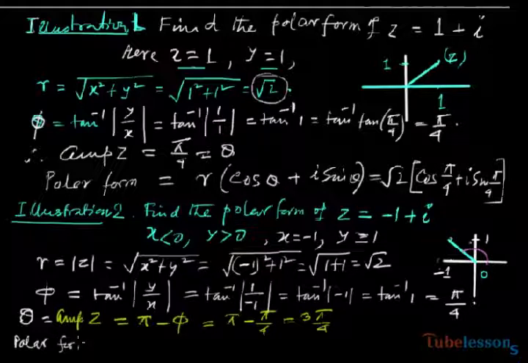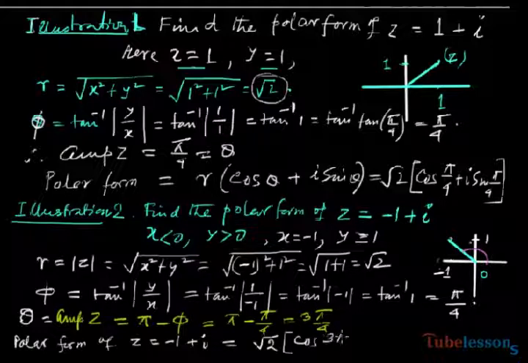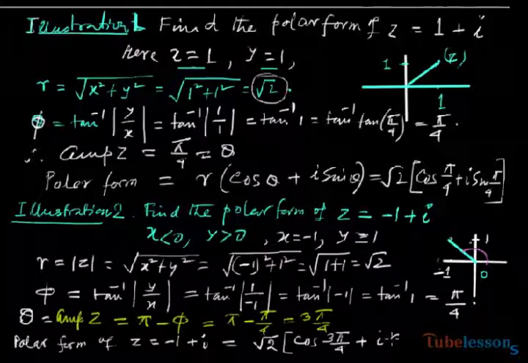So the polar form of z is equal to minus 1 plus i is equal to root 2 cos 3 pi by 4 plus i sine 3 pi by 4.